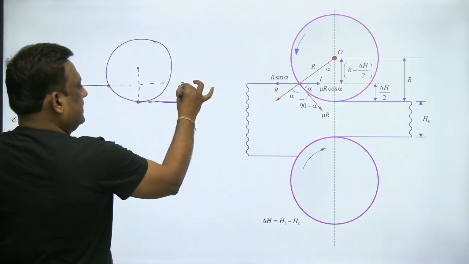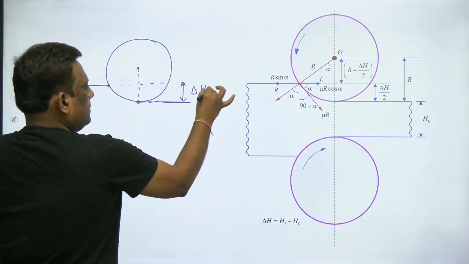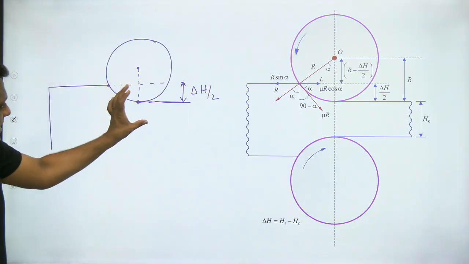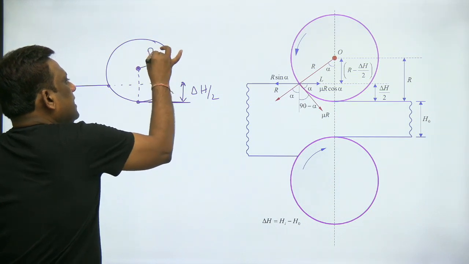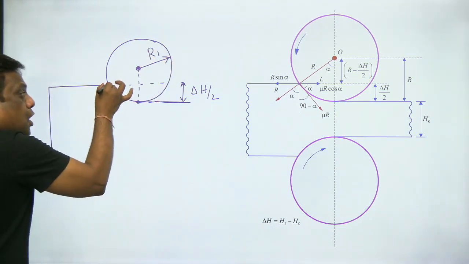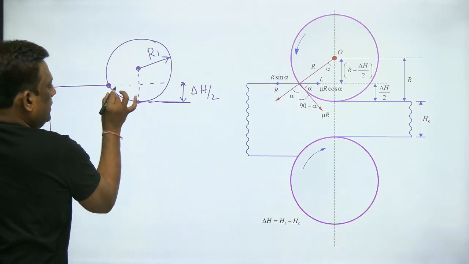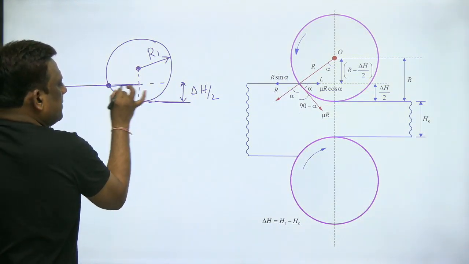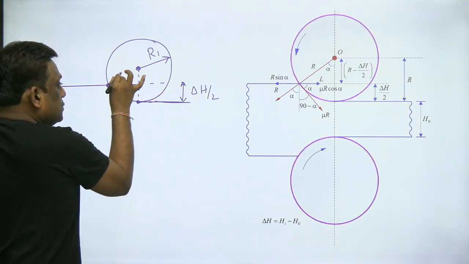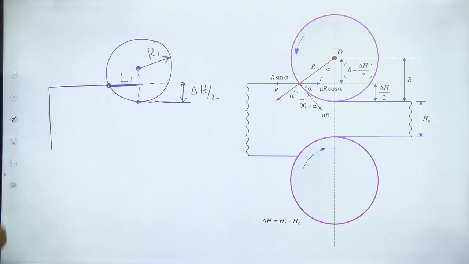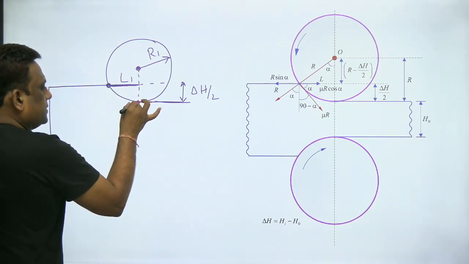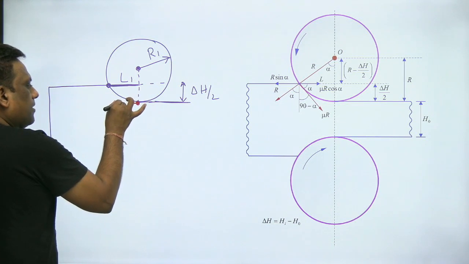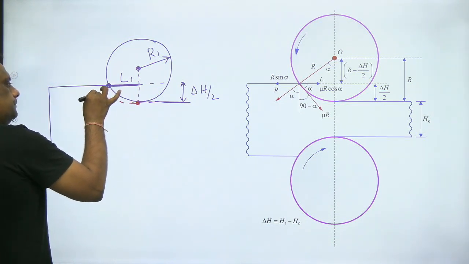So this is delta H by 2. I am fixing this. Let this radius be R1. If the radius is R1, this will be my contact length, L1. Now let me increase the roll radius from R1 to R2. What will happen?